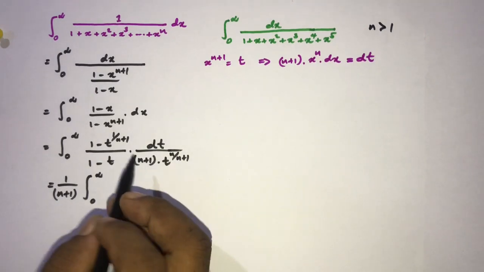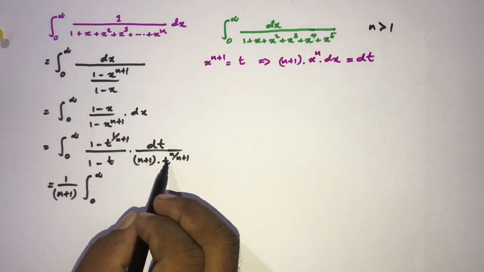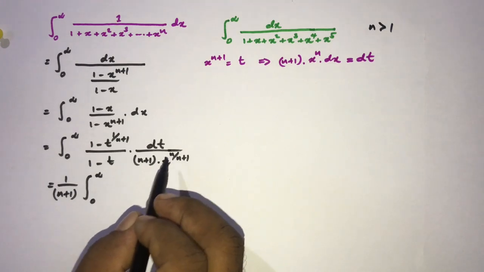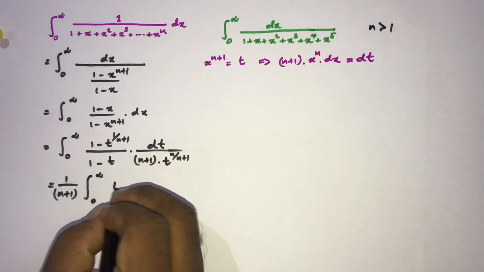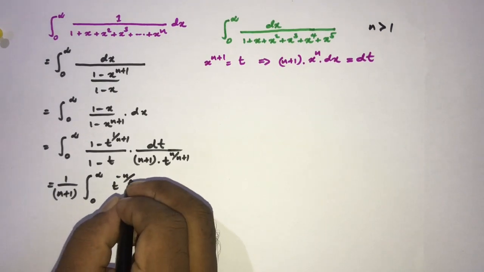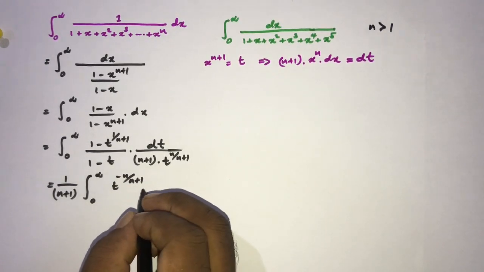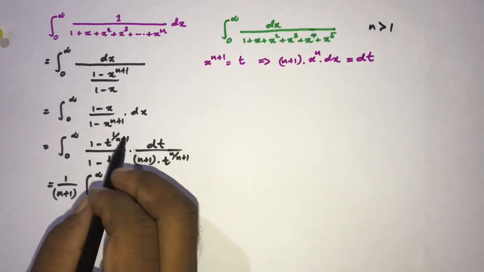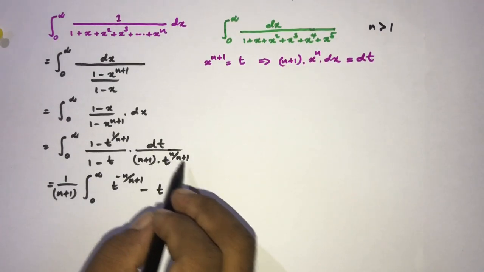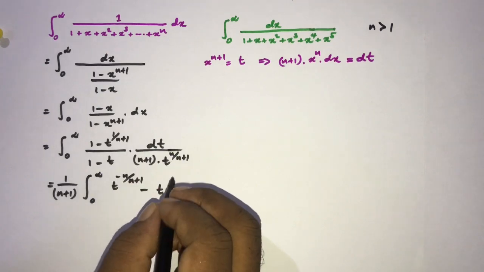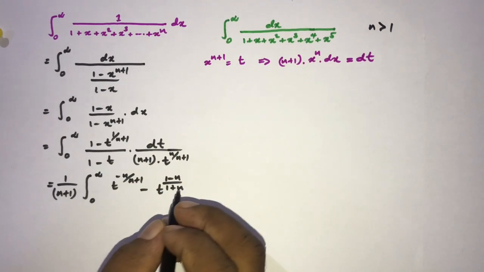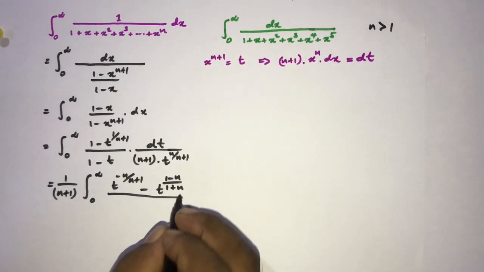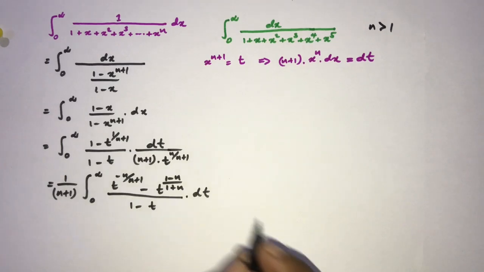Now we can simplify, writing t to the n over n plus 1 in the numerator, so we have t to the minus n over n plus 1 minus t to the 1 over n plus 1 minus n over n plus 1, which is 1 minus n over 1 plus n, over 1 minus t, dt.